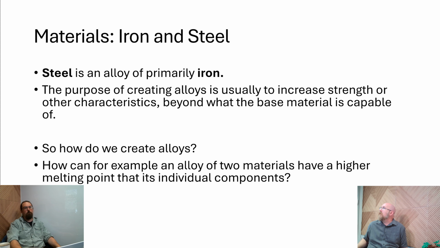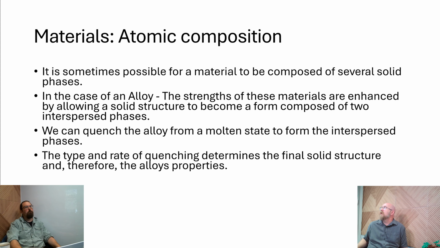So if you carry on to the next slide, before we really get into what happens when it's writ large on a melting pool of metal, we're going to start by talking about the very, very small, and then we'll zoom back out to the large. That's because since we're dealing with alloys, the strength of materials is enhanced by allowing the solid structure to be formed of two interspersed phases.